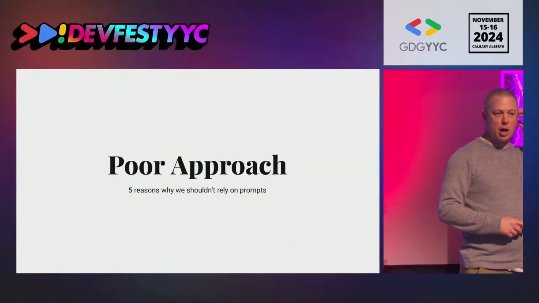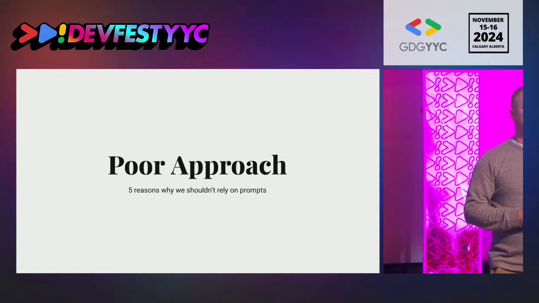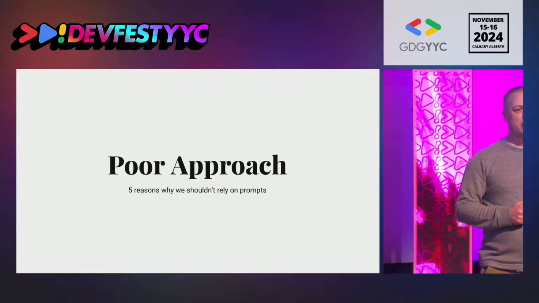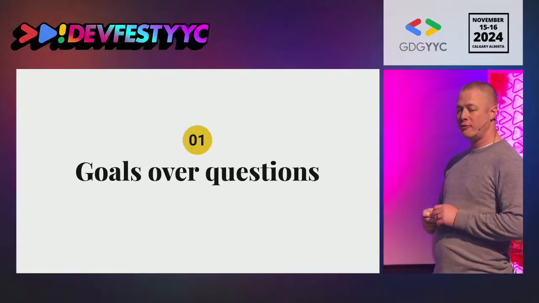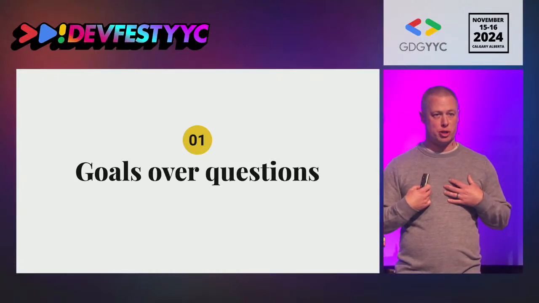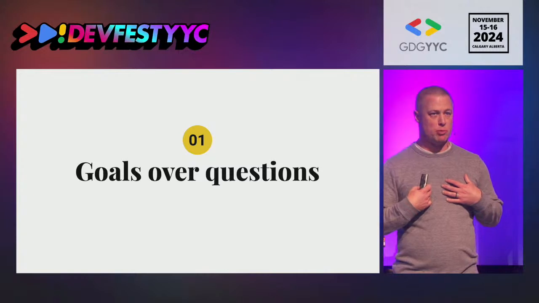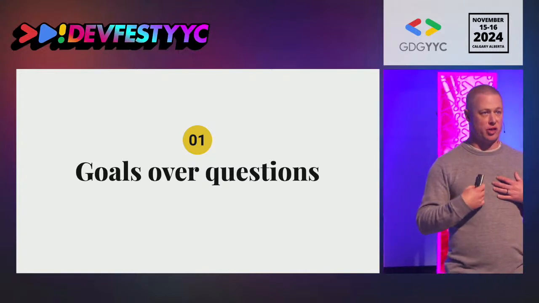Why is prompting kind of weird? Let's talk about some reasons, okay? We're going to get into the problems with creating a prompt. First one, I as a human don't usually have questions, okay? I have goals. I want to do a thing, right?